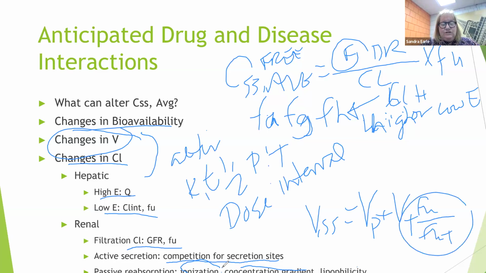So these are all anticipated drug interactions and disease interactions that will alter the concentrations we see and therefore maybe force us to make dose regimen changes, which is what we're talking about here.